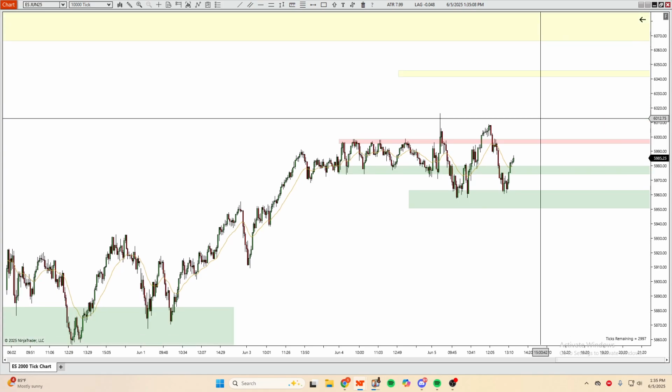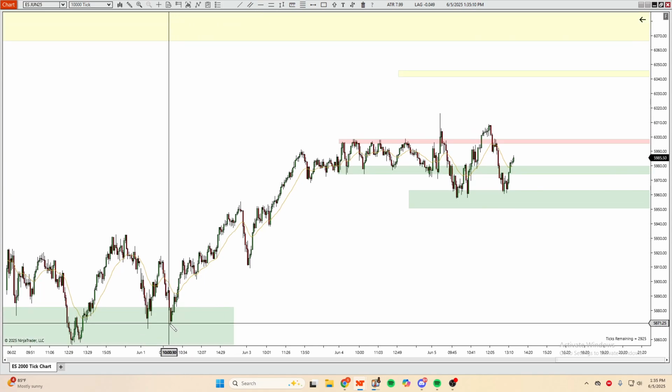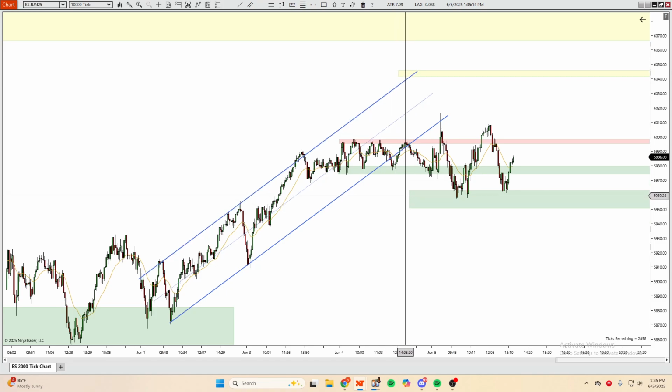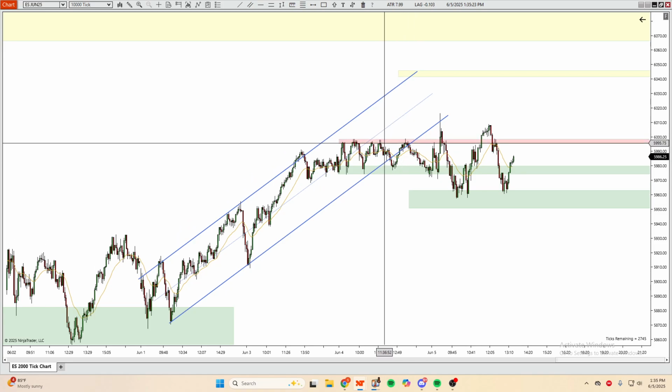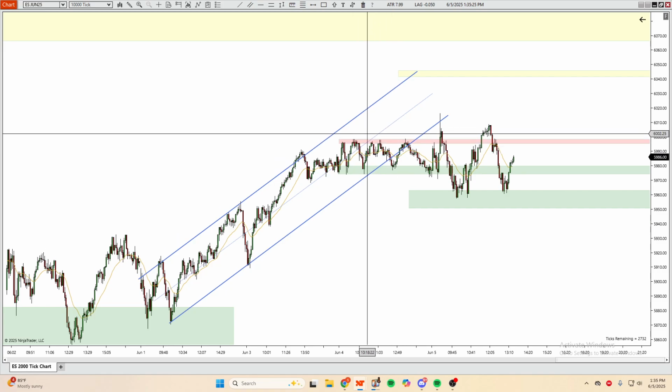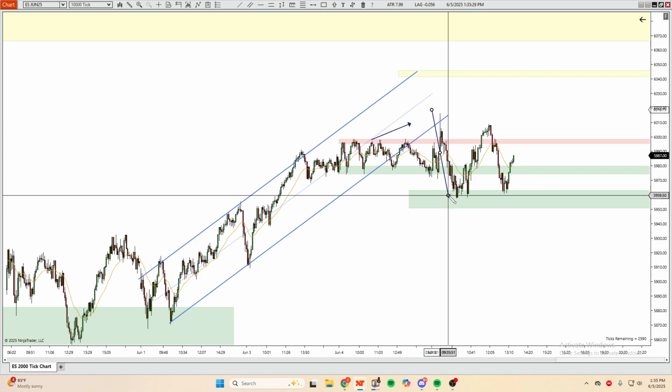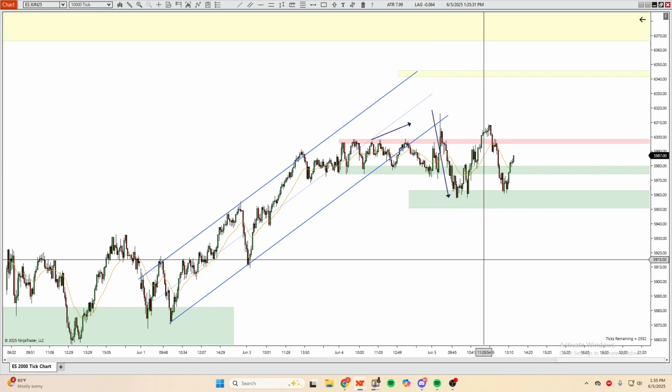Institutions, remember, they have a lot of orders, and they aren't able to get in and out of the market like we can. We can get in and out with 1 to 10 ES contracts. These guys might be trading with thousands of ES contracts, right? So they can't just get filled where they want. So they have to create that liquidity and create those buyers to be able to move the market to where they want it to go.